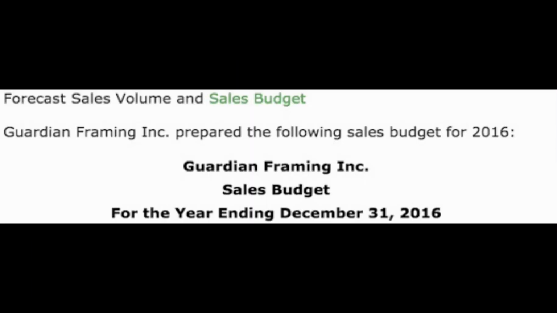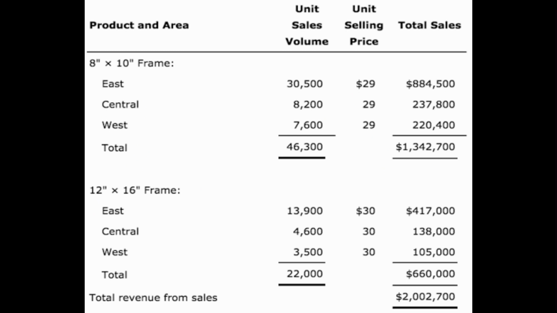And for the last example, Guardian Framing Corporation prepared the following sales budget for 2016. And for this slide, as you can see, we have here the product and the area, unit sales volume, unit selling price, and total sales. 8 by 10 or 8 multiplied by 10 frame. We have here East, Central, West, and total.